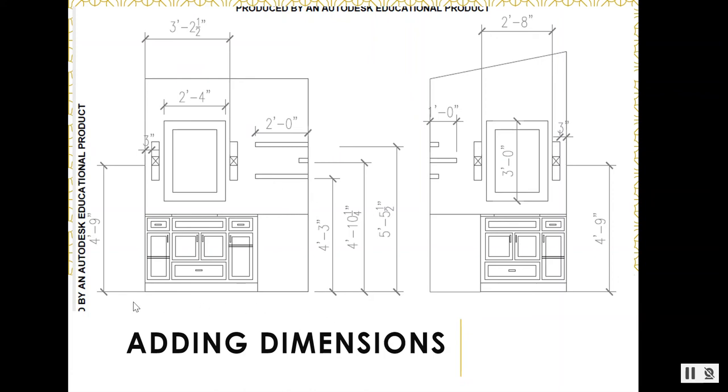Once again, here, with light fixtures, we always dimension the center point of them. That's showing where that electrical outlet is being installed. So here, the electrician would go up 4 feet and 9 inches, and then he would go over 3 inches and place that fixture there.